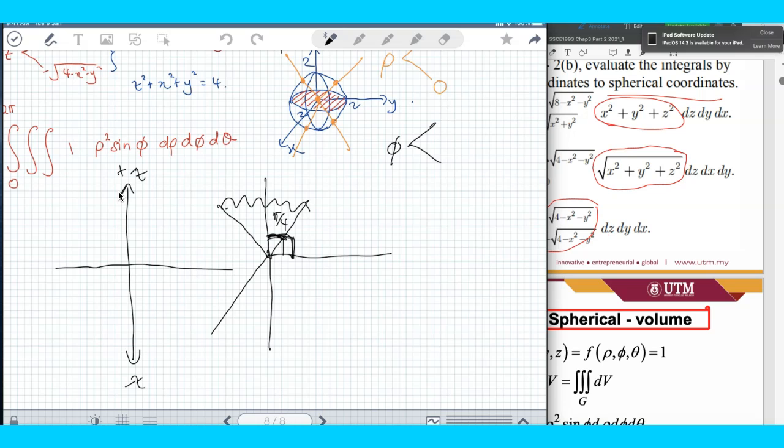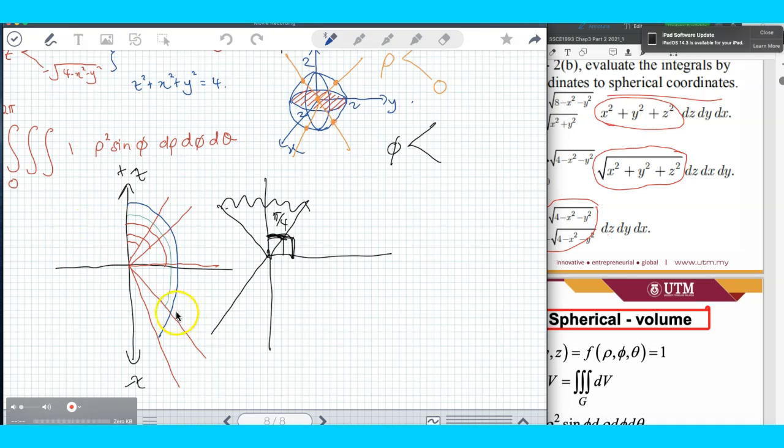Okay, so now I'm talking about the way you open up the phi. So the phi you open for this particular angle, or this particular angle, or you can have this particular angle. For another line, you can have this particular angle, which should be more than 90 degrees, and you have a larger angle.